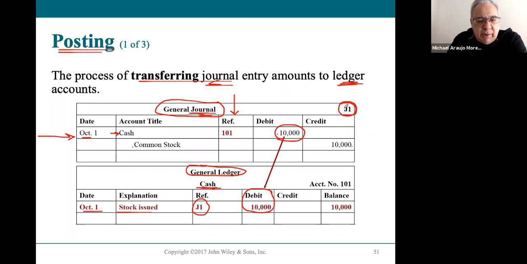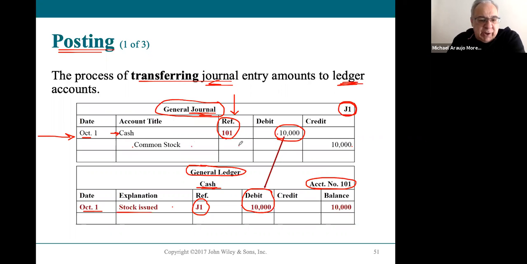So J1 is simply the journal, page 1, showing that this is where this particular transaction came from. Okay. If you also notice too, in the journal, the cash account is referenced as 101. Why is that? Well, because all the different accounts have their specific account numbers. And so in this case, the cash account is account number 101.